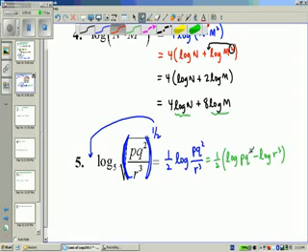The power only applies to Q, so I'm going to look at this as a product and apply my product rule. So that's going to give me 1/2 log, this is rule number 1, P plus log Q squared. And then I still have the minus log R cubed.